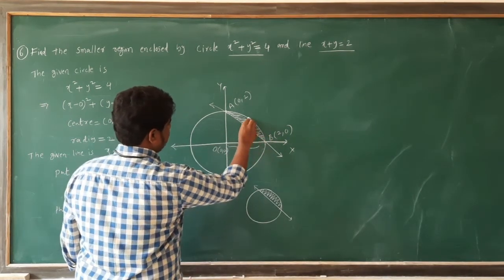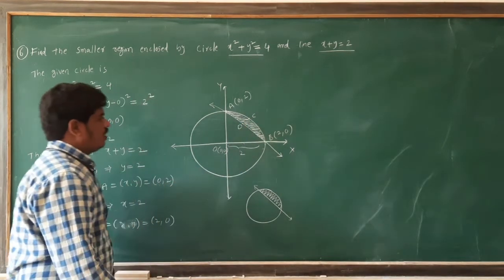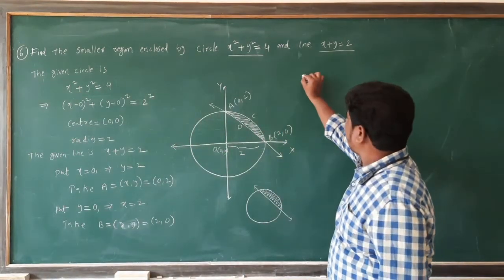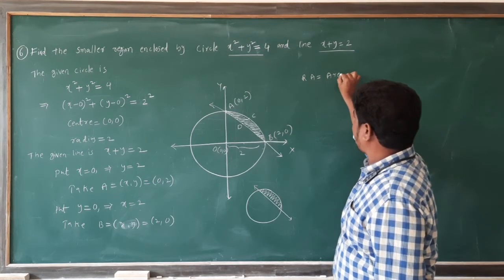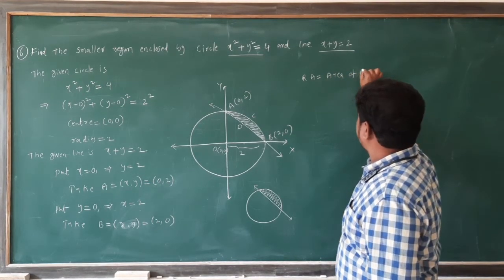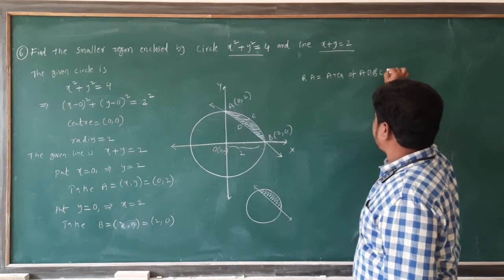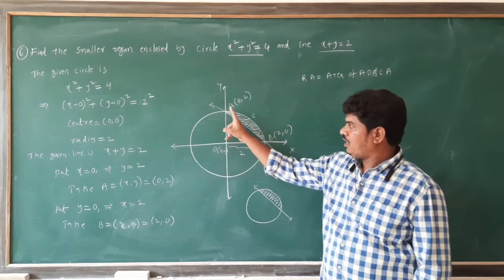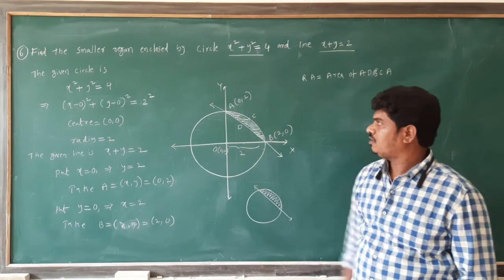Now take it as some C, it has some D. See, required area is equal to the area of ADBCA.